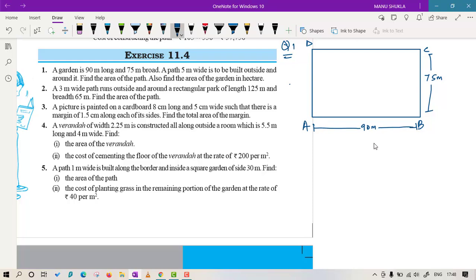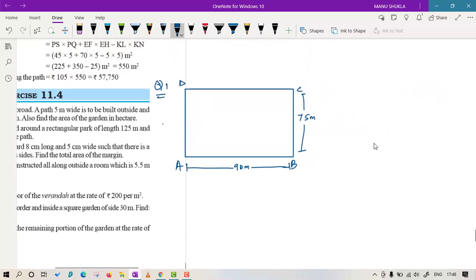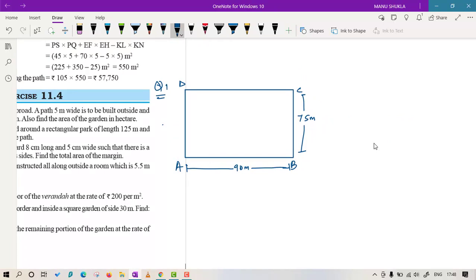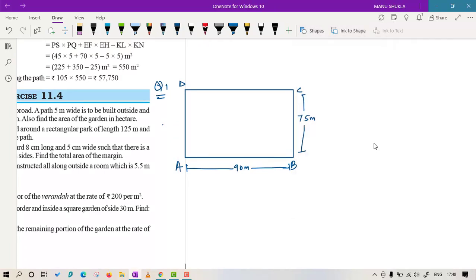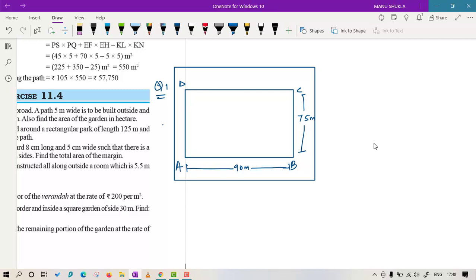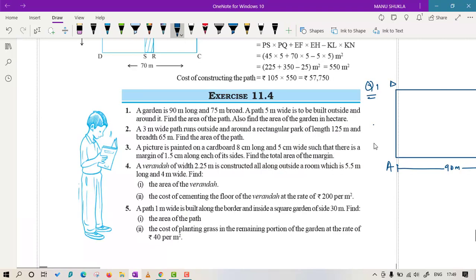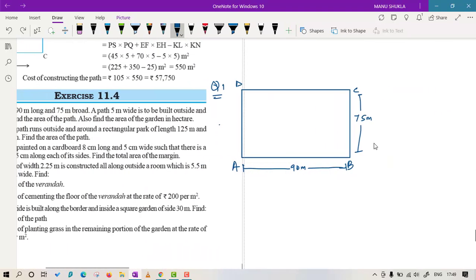So that means we need to have some space around this, but I think we may have less space. Let's try to make the path outside it like this. I think it will work. Although it is not looking uniform, you can take it like this, or we can draw it again. It is just a rough diagram.